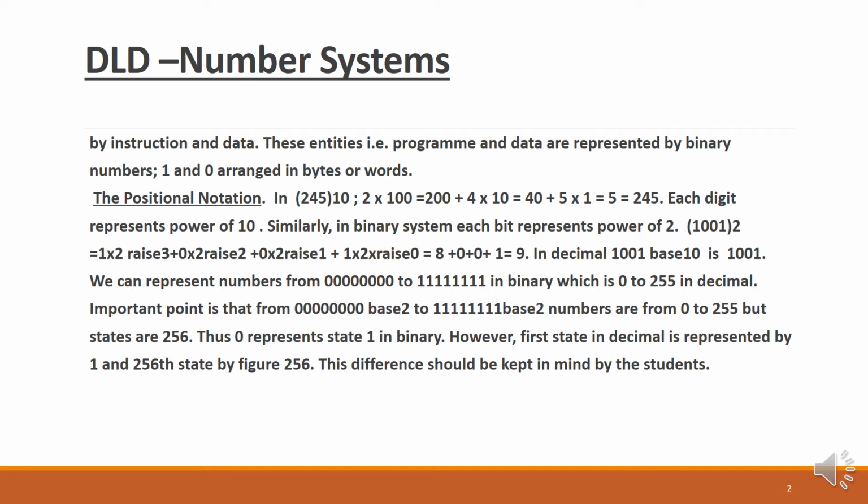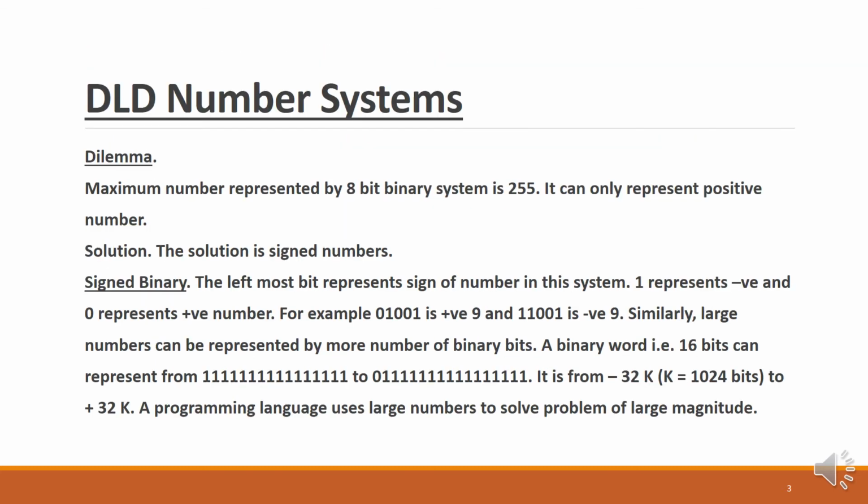But in binary system it will be 0, and then 1, 2, 3, 4, 5 and up to 255. So the 256th bulb will be represented by 255 in binary, and the first bulb will be represented by 0. Now this is what you have to remember. This difference has to be kept in mind.